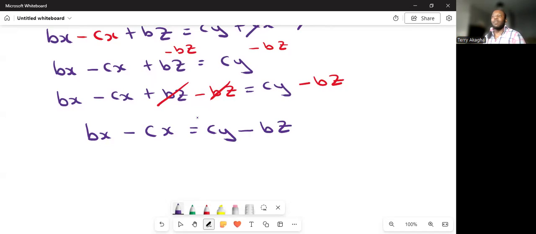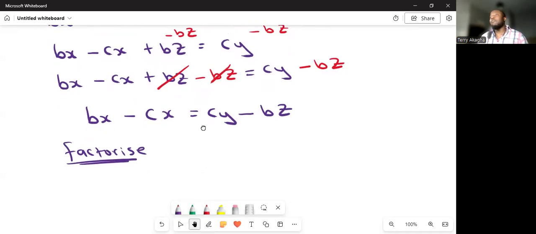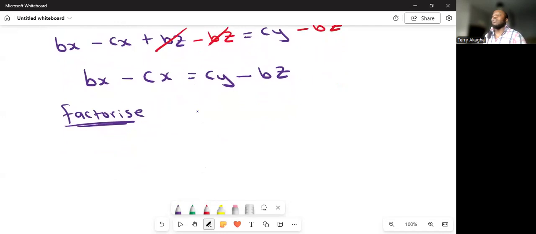Then we factorize. So this is the point where you factorize, okay? So we factorize the x out. The x is going to be out, and you'll be left with (b minus c) will be equal to cy minus bz.